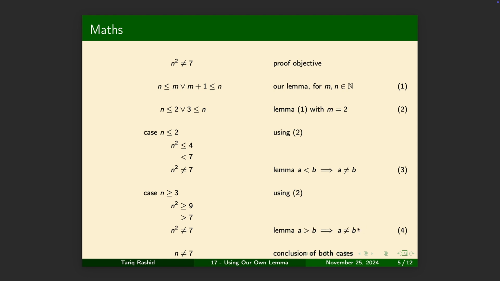Again, it sounds like statements of the obvious, but we will have to make use of that just to cover that gap in the logic. So both cases lead to n squared is not 7, and that's the conclusion we wanted to prove. So yes, this is a little bit laborious and long-winded, but it takes us halfway there to a Lean proof.